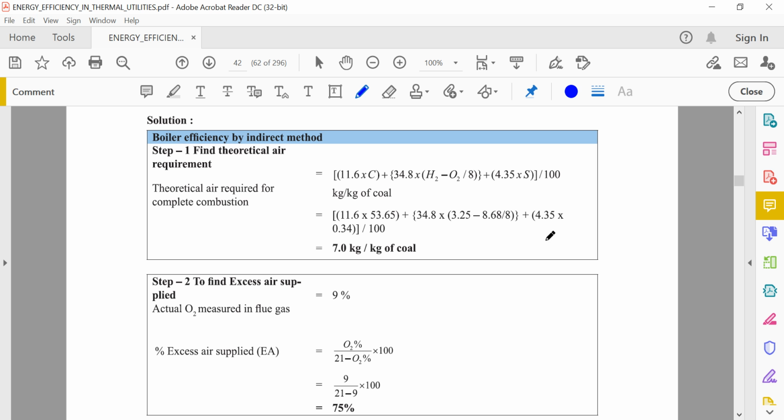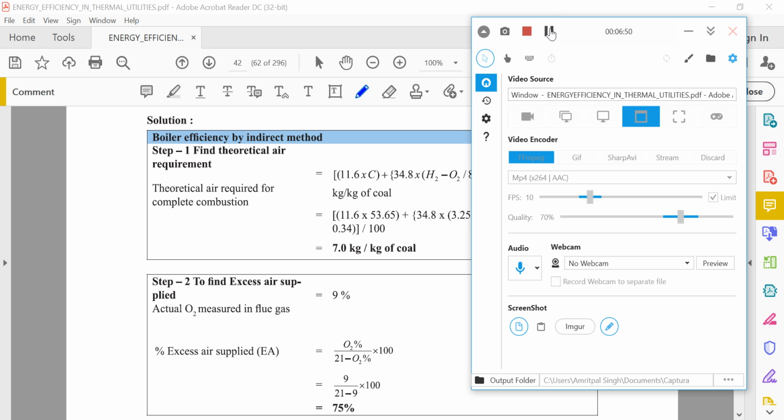So the formula for this is given. This we need to memorize because this is a very important formula. This formula you can also derive. For example, here we know that to burn 1 kg of fuel, we need to have 2.67 kg of air. So that you can basically try.